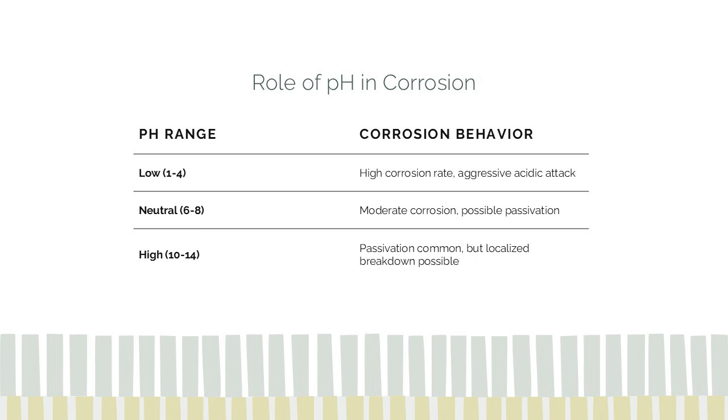However, extremely high pH can destabilize certain films, leading to localized attack. The pH effect is particularly critical in aqueous systems, where small changes can shift corrosion mechanisms. For example, steel corrodes faster in acidic soils, while aluminum benefits from passivation in neutral to slightly alkaline conditions. Understanding pH influence helps in designing inhibitors and coatings tailored to specific environments.